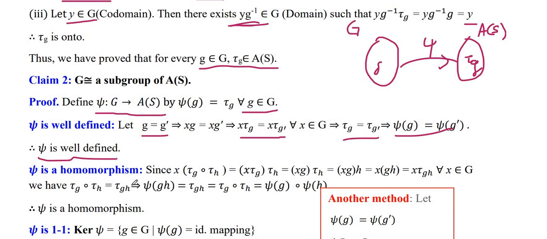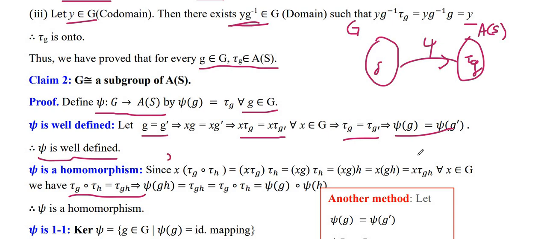Next is psi is a homomorphism. To prove this, what we first establish is tau G composition tau H is tau GH. To establish this, these two being mappings, we'll have to show that the corresponding images are equal. So we consider x.